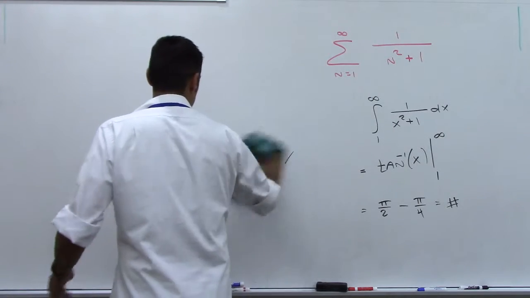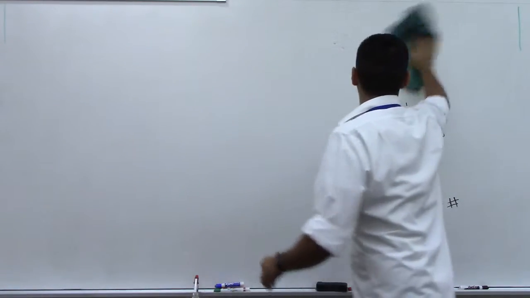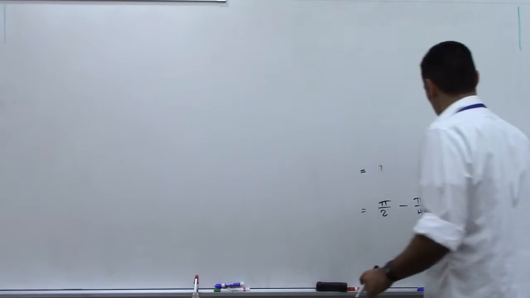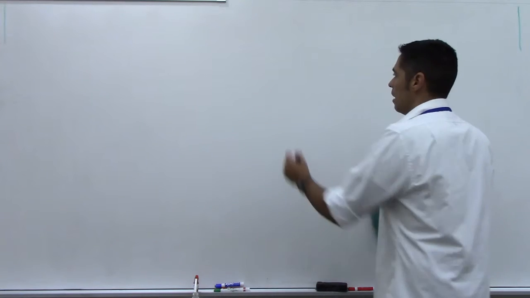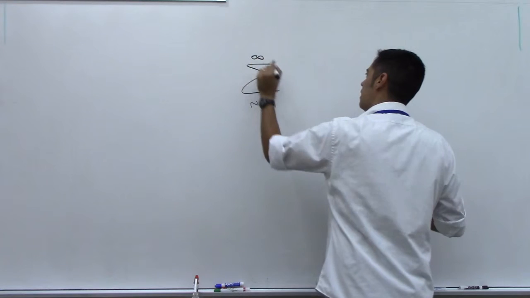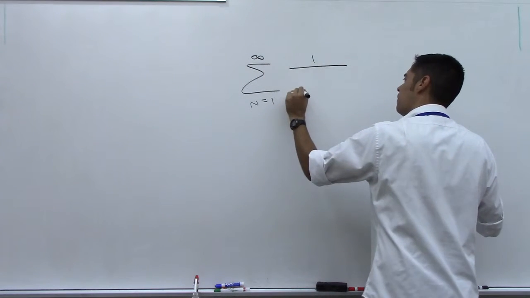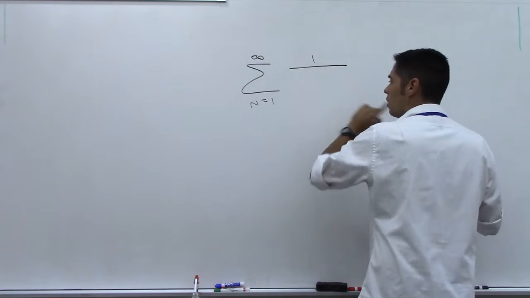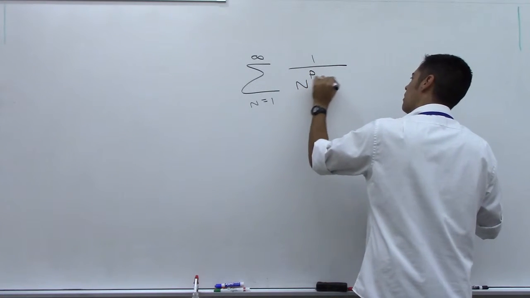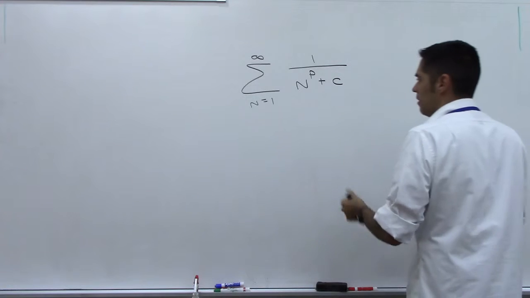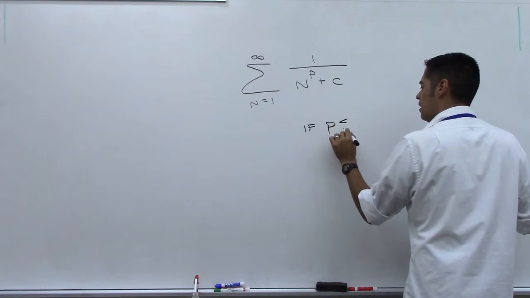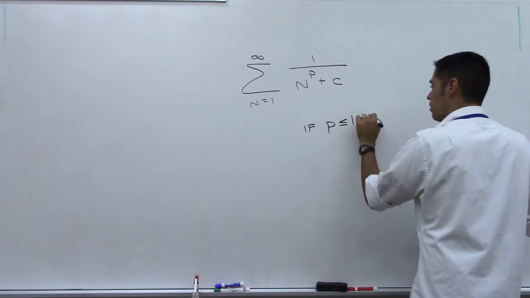So it worked. Okay? I guess the moral of the story is this, and maybe I'll mention this in lecture, I don't know if I will for sure: if you have something like the sum from n equals 1 to infinity of 1 over n to the p plus some constant, if p is less than or equal to 1, it will diverge.